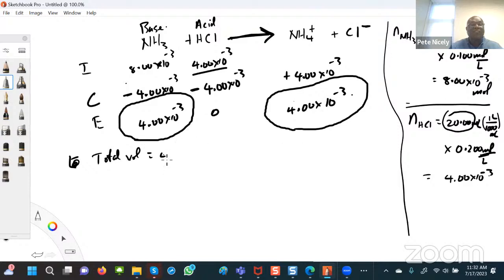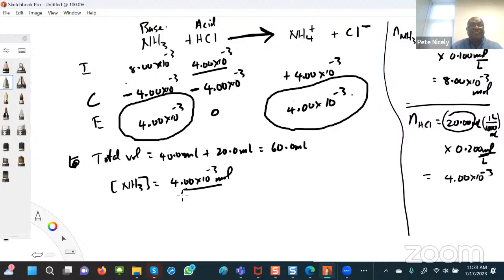So that would be 40.0 mL plus 20.0 mL, and that is equal to 60.0 mL, all right? So we can now calculate the molarity of the ammonia, which is equal to 4.00 times 10 to the minus 3 moles divided by 60.0 mL, which we have to convert to liters. So 1 liter over 1,000 mL.